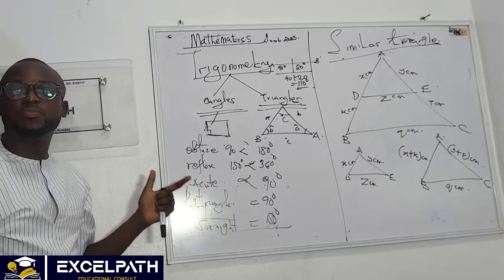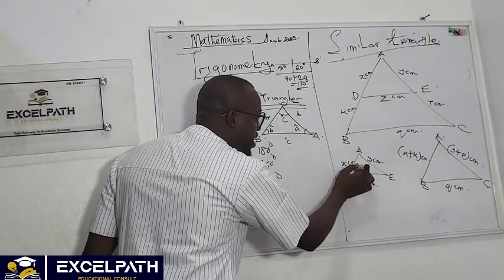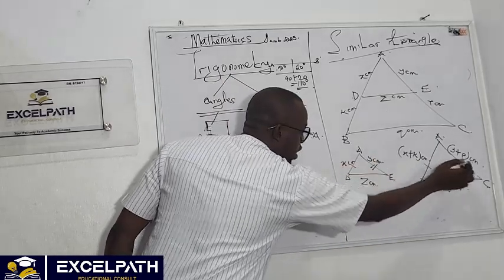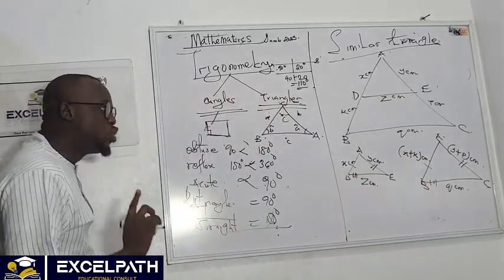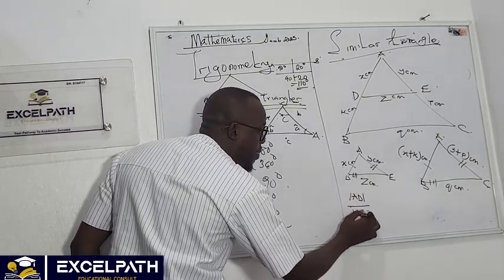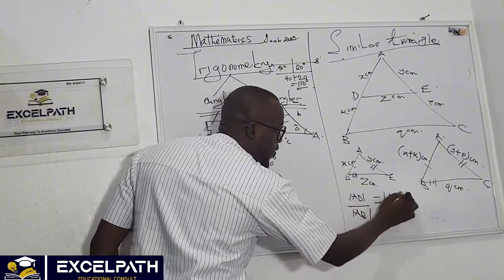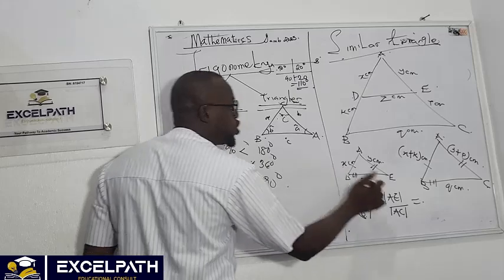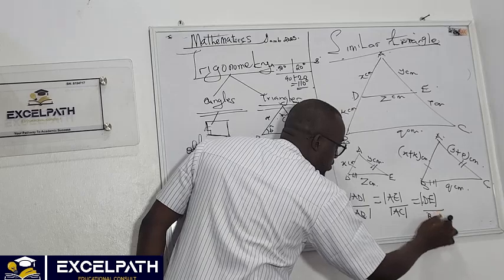So what is this aspect of mathematics? This aspect of mathematics is called similar triangle, where this side is proportional to this side, this side to this side, and this side to this side. So they are similar. So meaning line AD over line AB is equal to line AE over line AC is equal to line DE over line BC.